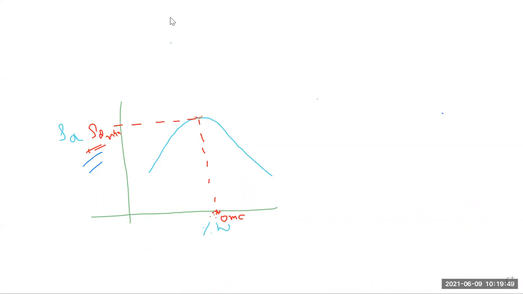So calculate the heavy compaction energy per unit volume for the Indian standard heavy compaction test.